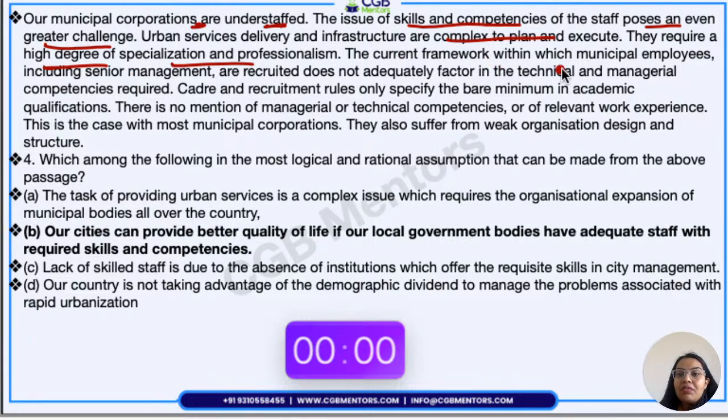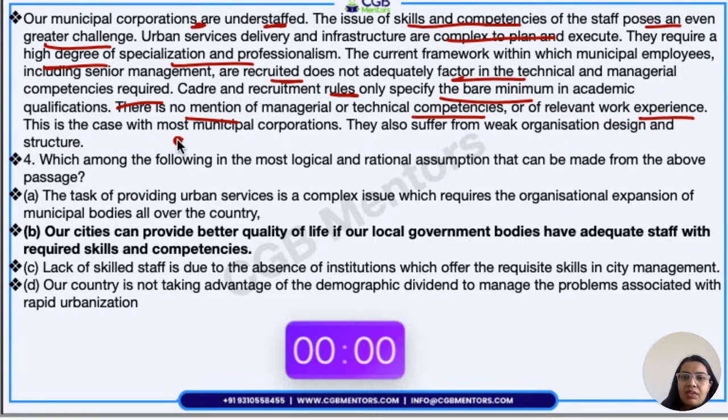The current framework within which municipal employees, including senior, are recruited does not factor in the technical managerial competencies required. Rules only specify the bare minimum. There is no mention of the other competencies of relevant work experience.